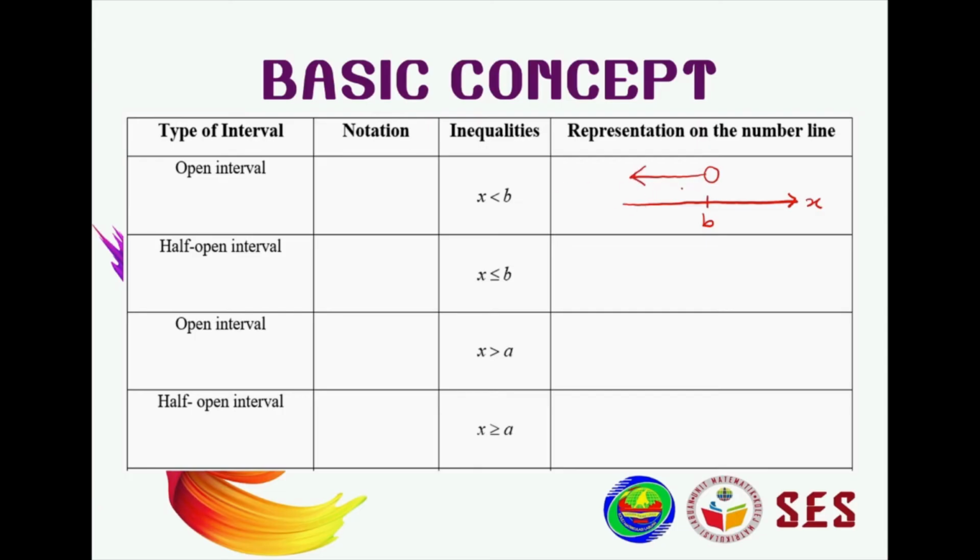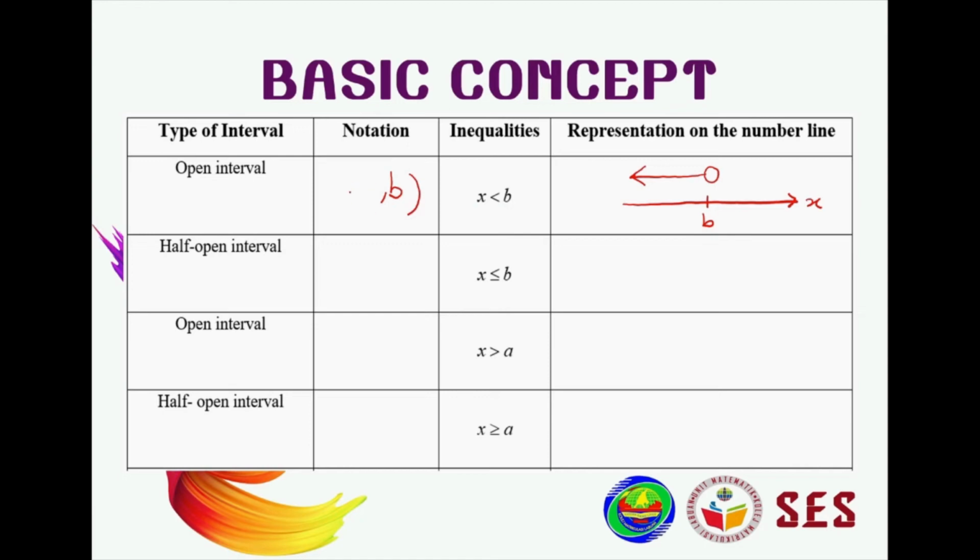Okay, a tip. If you are still confused whether you want to go right or left, look at your inequality. If the direction is to the left, the number line goes to the left as well. Now for the notation, we only have B, we don't have A. Obviously, B is an open bracket because it has no equal sign.